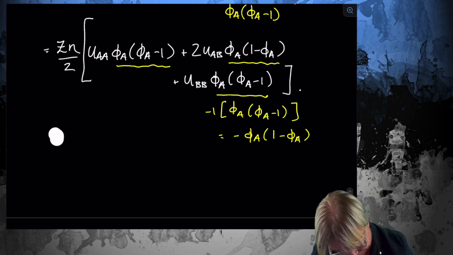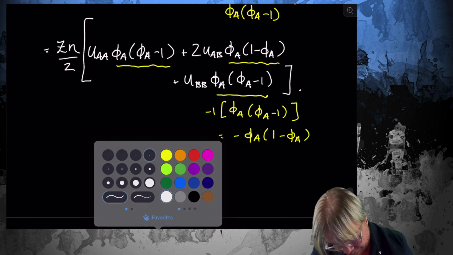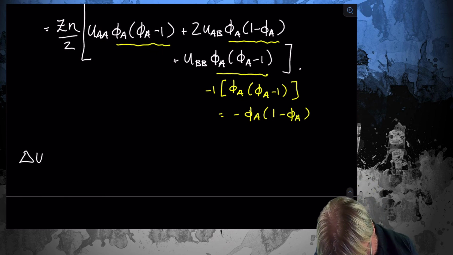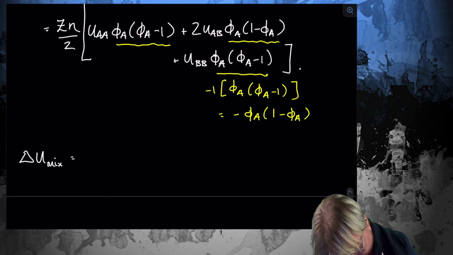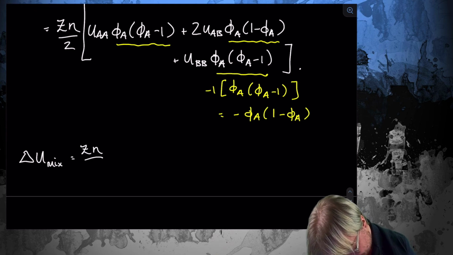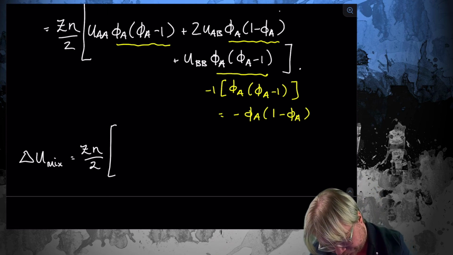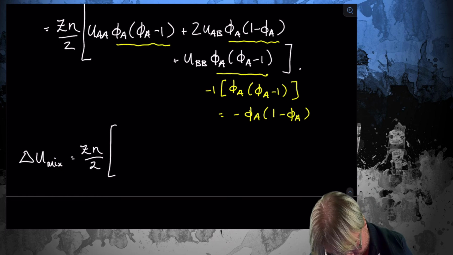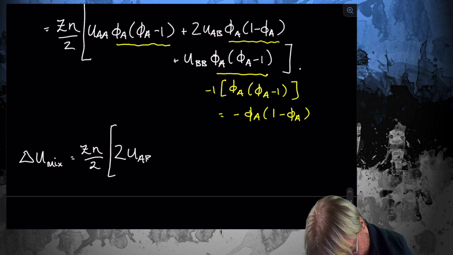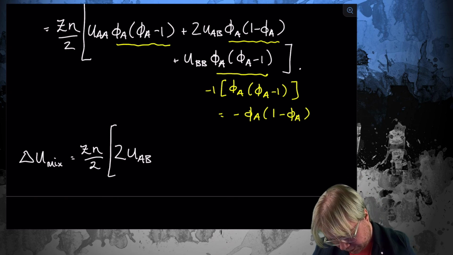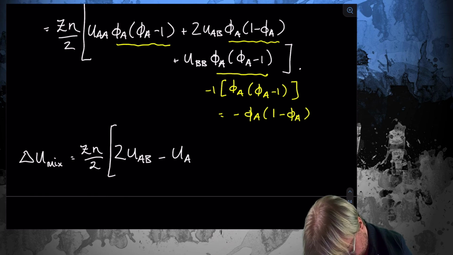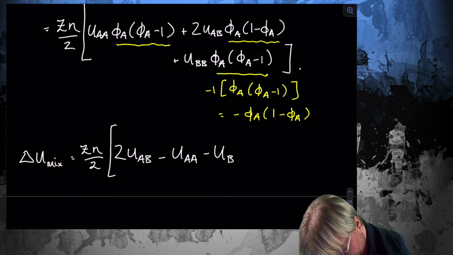So what I get for the difference in my energy of mixing, delta U mixing, will be coordination number of lattice sites divided by 2, times, we'll put this term first since it has a positive sign, so we'll get 2 UAB, and then making the substitution that we did right here, minus UAA minus UBB.